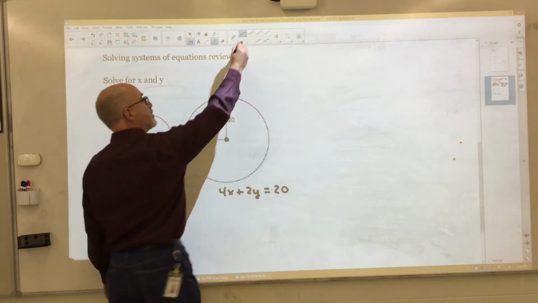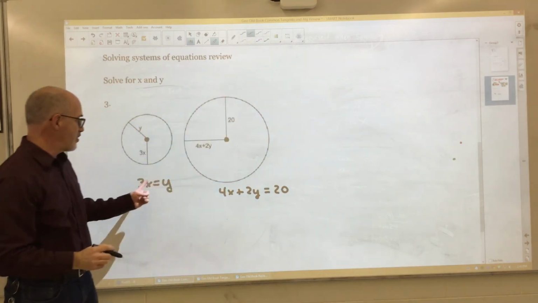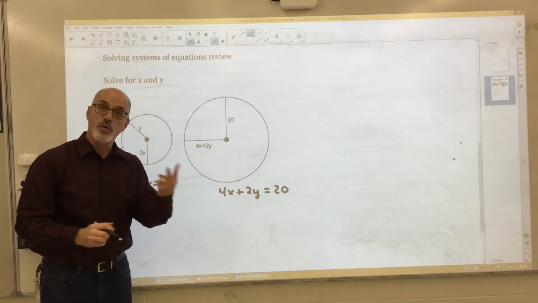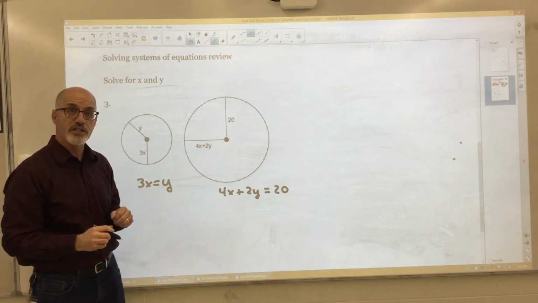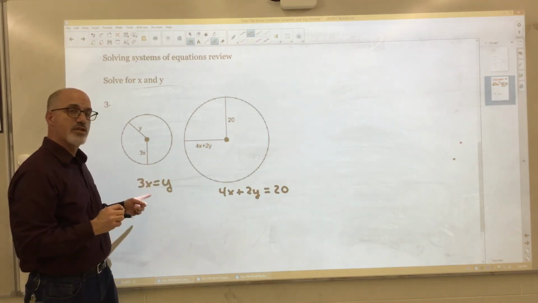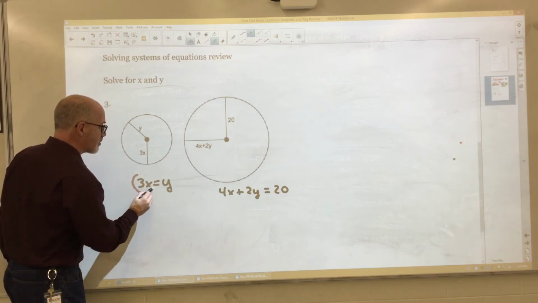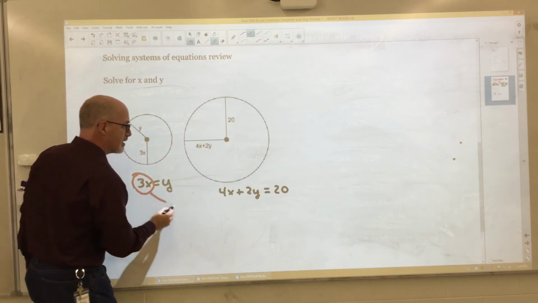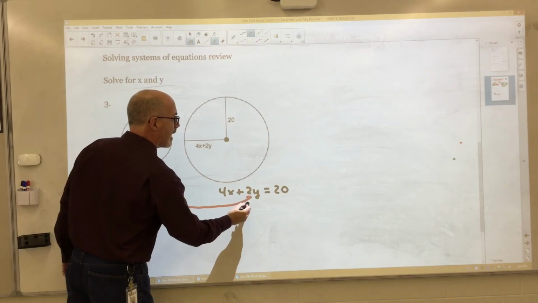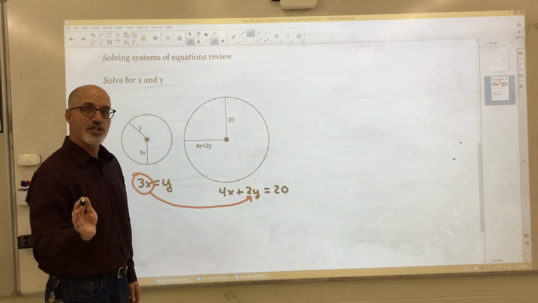Now I've got two variables in two equations. That's a system of equations. I'm going to use substitution to solve it. What I mean by that is if I take this 3x, I can put it into the other equation for y and solve for just x.